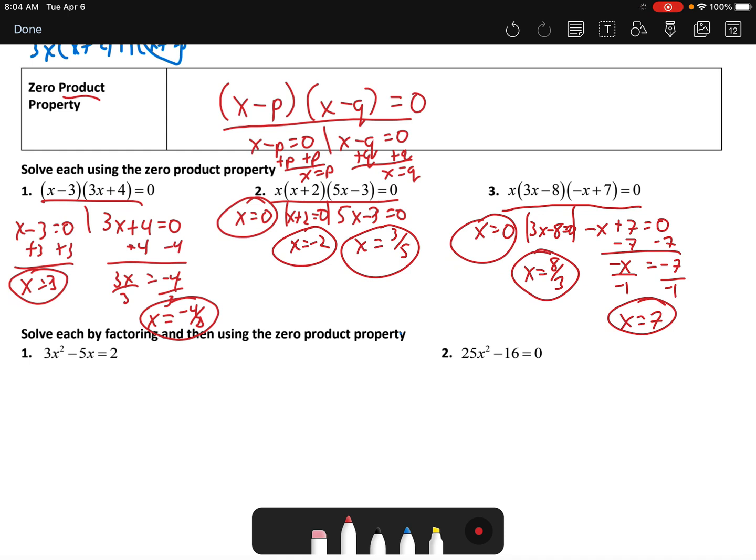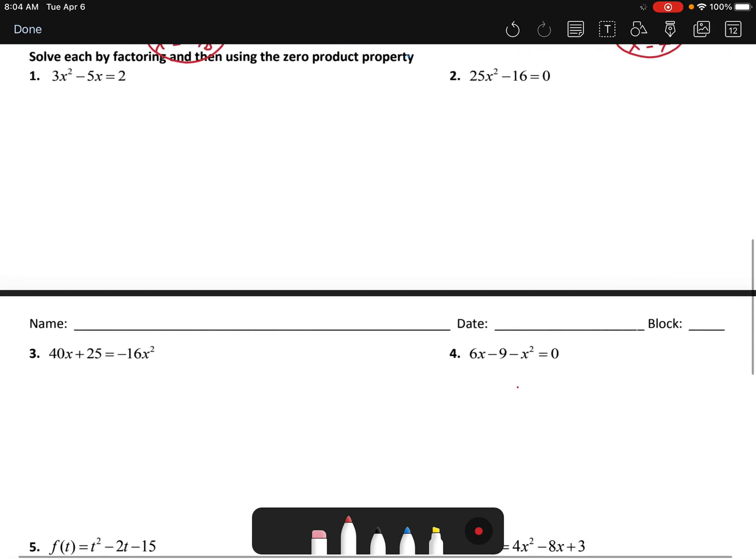Okay, now how are we going to use this? We are going to use this to solve quadratic equations. And there's 6 of them here. And what we need to do in all cases is set them equal to 0. So on number 1, we have got to subtract 2 in order to have the equation equal 0.